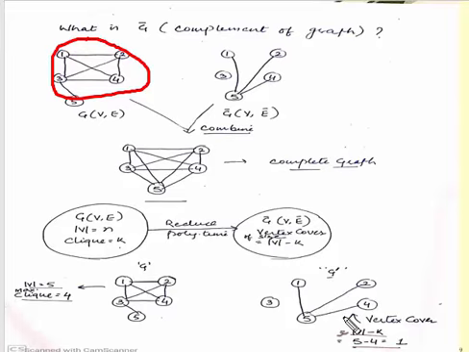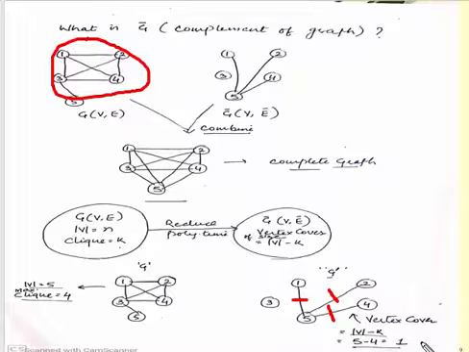Vertex cover means you need to find the number of vertices that cover all the edges of this graph. Now the vertex cover of this graph is just 5. Why? Because if I take 5, 5 1 will be covered, 5 2 will be covered and 5 4 will be covered. Is there any more edge over here? No. So I can say the vertex cover of this is 5, only 5. That means that is your 1.